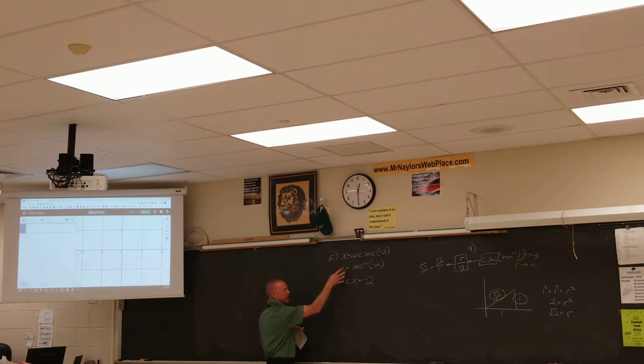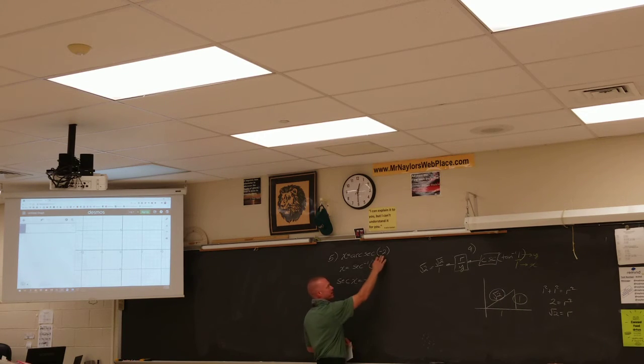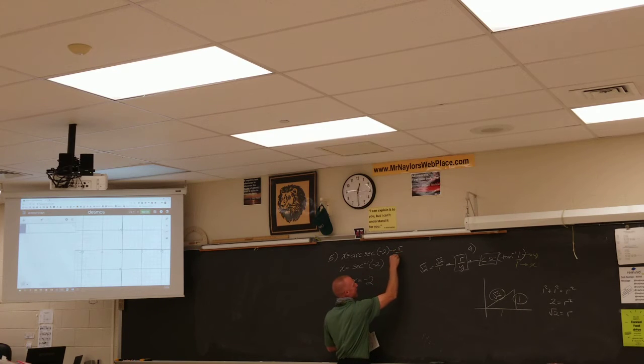Now here's the thing, all three of those statements mean the same thing, so you don't need to rewrite it. You can just start with what you're given. I'm going to go back to what I'm given so that you understand that I can do the problem from the beginning. Now remember, secant is r over x.